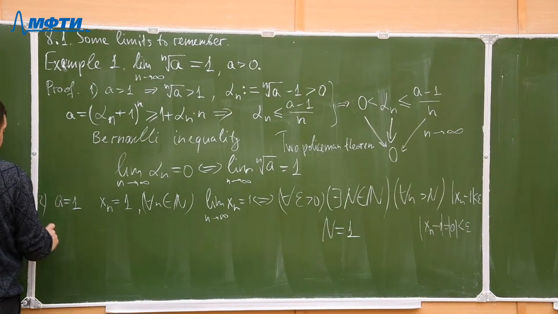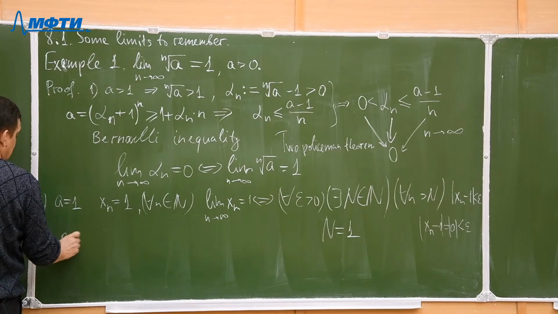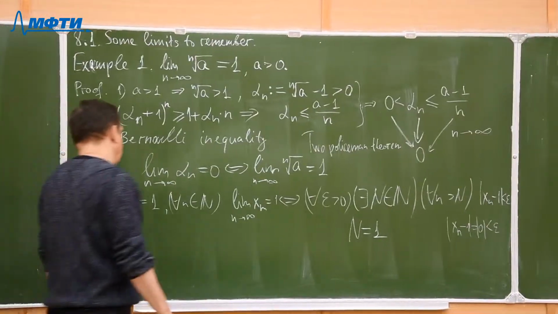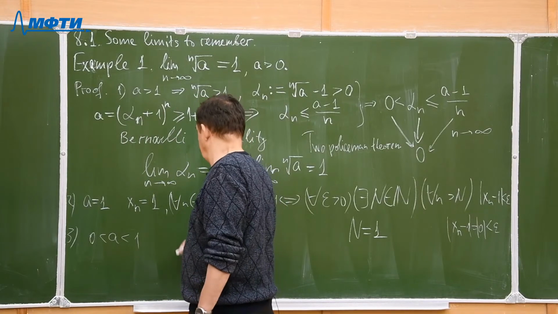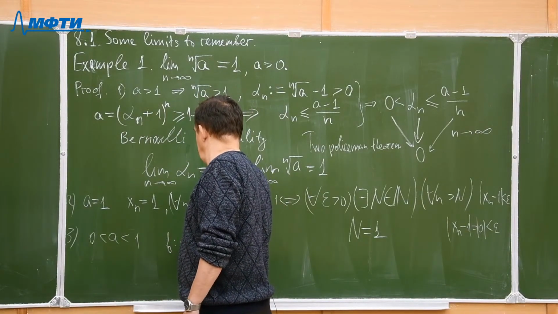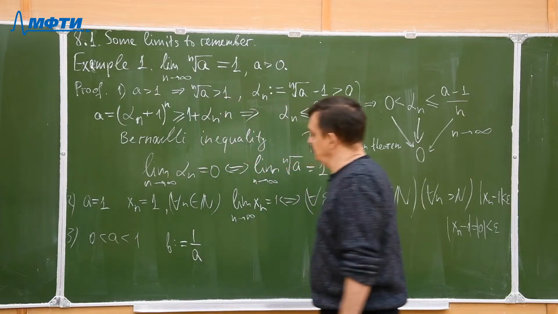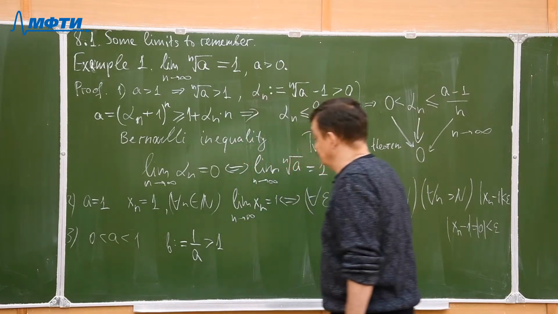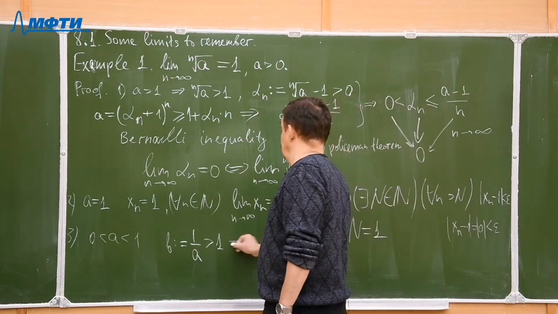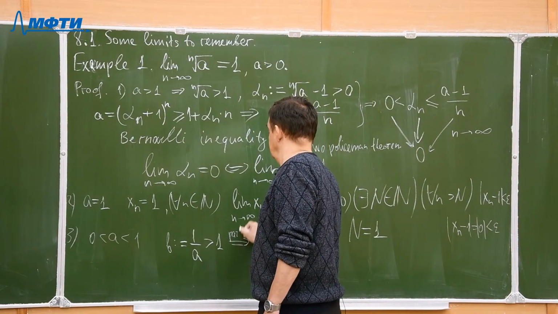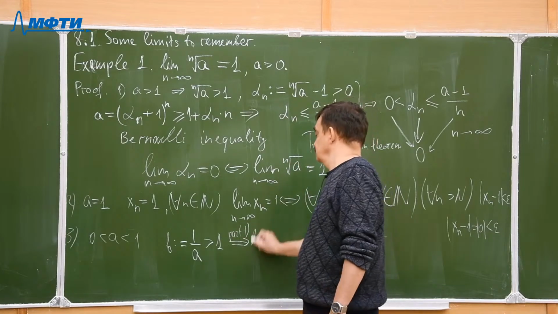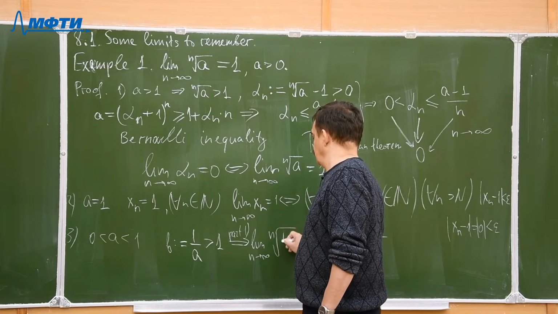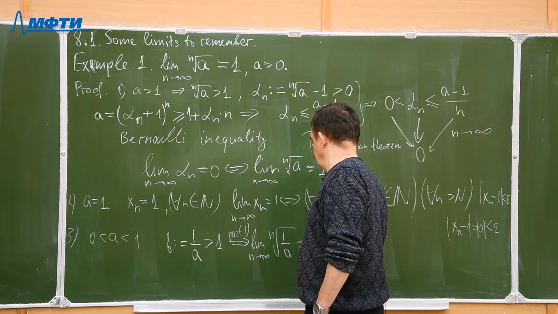And the last case, a is between 0 and 1, then what we can consider, we can put b equals 1 over a, then this number is greater than 1, hence part 1 guarantees limit as n tends to infinity of nth root of b equals 1.